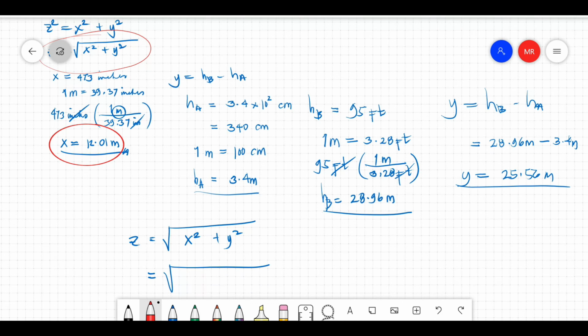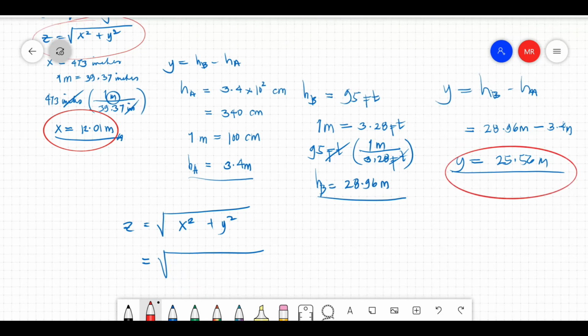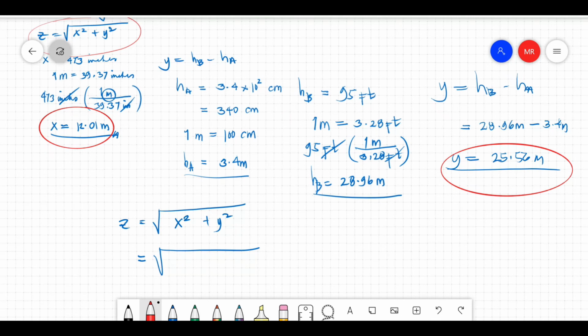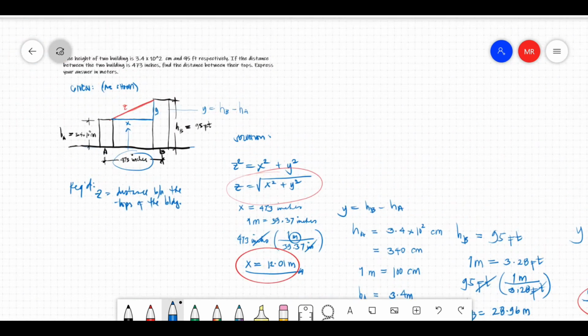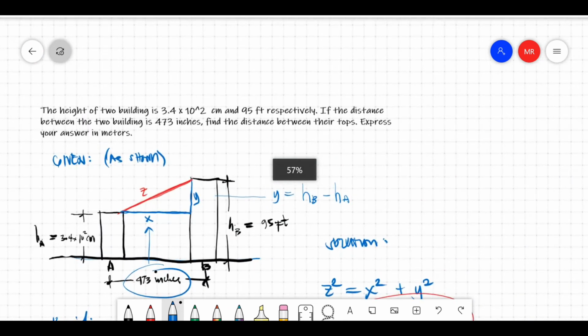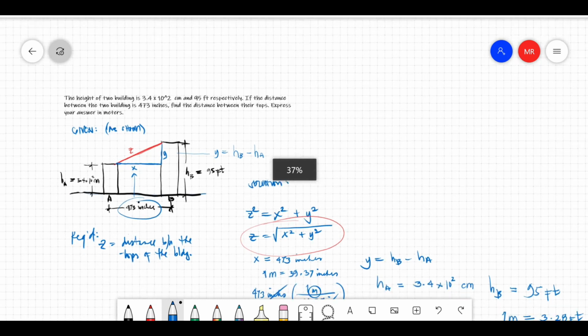So we now have X and Y. We can now solve for Z, where Z is the square root of 12.01 meters squared plus 25.56 meters squared. We are asked to express our answer in meters.